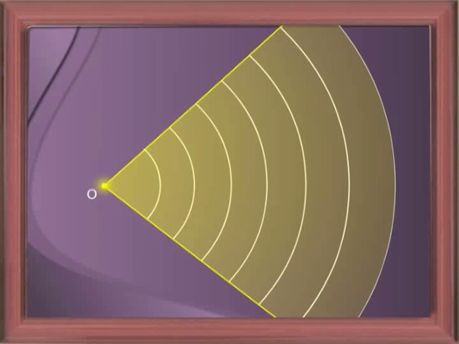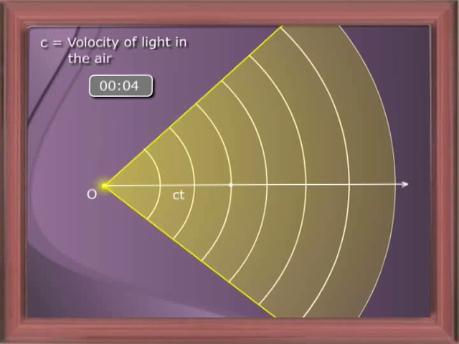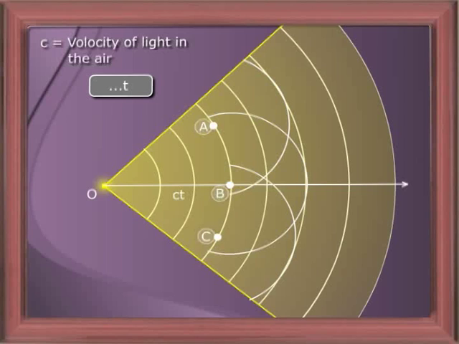O is the point source of light in the air. C is the velocity of light in the air. Ct is the distance covered in the time t. ABC is the section of the spherical wavefront at time t with center at O and radius Ct. A, B, C are the points on the primary wavefront which behave like secondary sources.